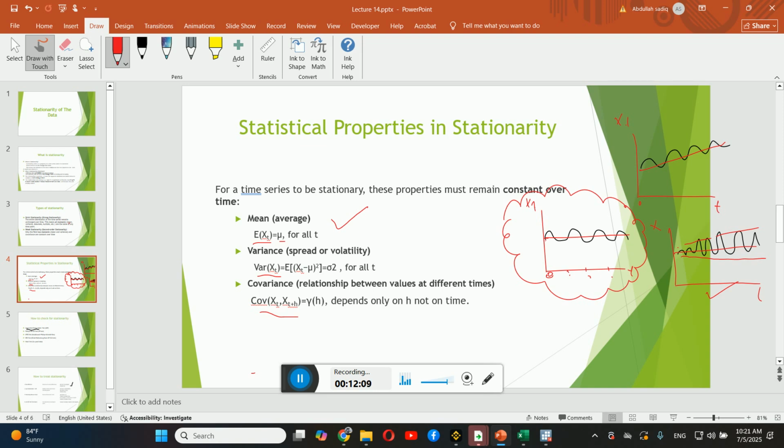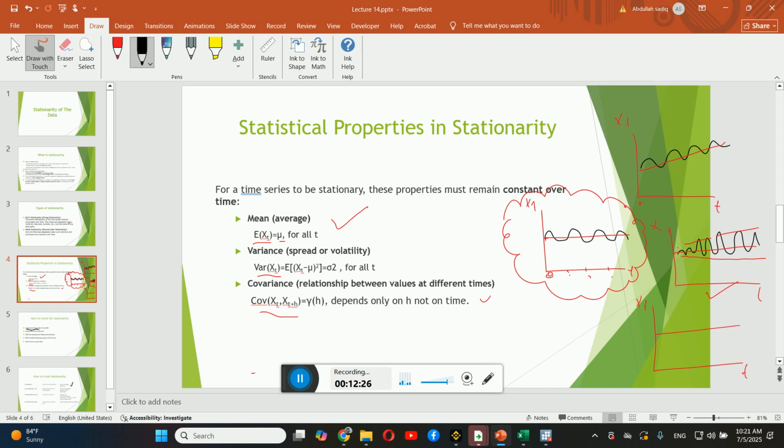The third property is covariance. In the covariance, the graph looks like this. Here we have t, and here we have xt, and this is a straight line.